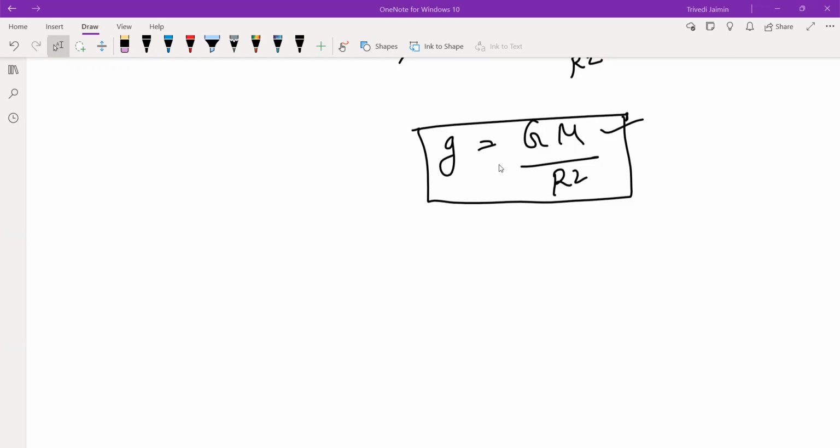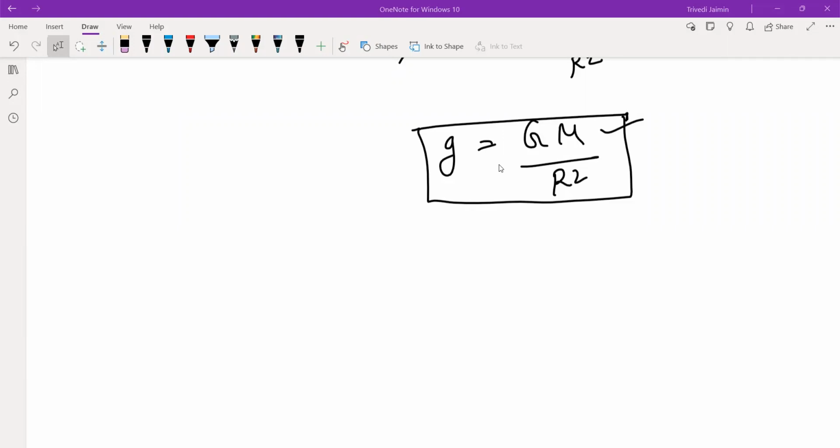Even the reason behind all those things is that Earth is not exactly a circle, right? It's not a sphere. What is the shape of Earth then? No, it's not exactly a sphere. At the poles, it is flattened. And at the equator, if we draw the equator line, it will be a little bit bulgy.